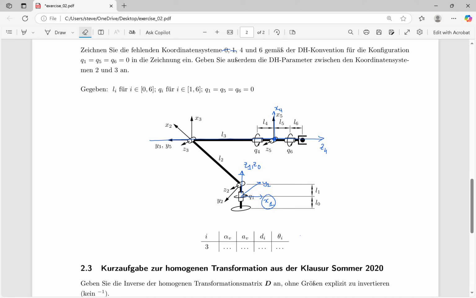And actually, if you want to solve this very quickly, this is a shortcut for you: when Q5 is 0, then we just have to copy whatever the 5th coordinate is for the 4th coordinate.